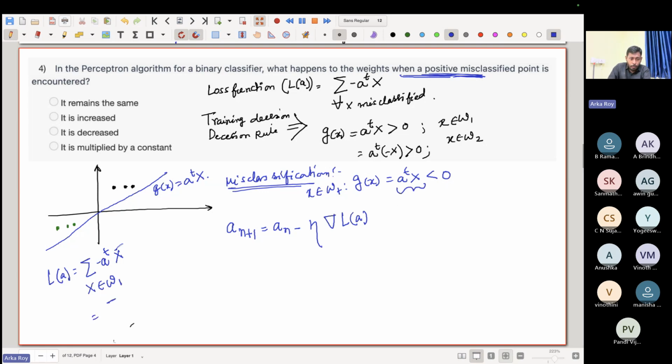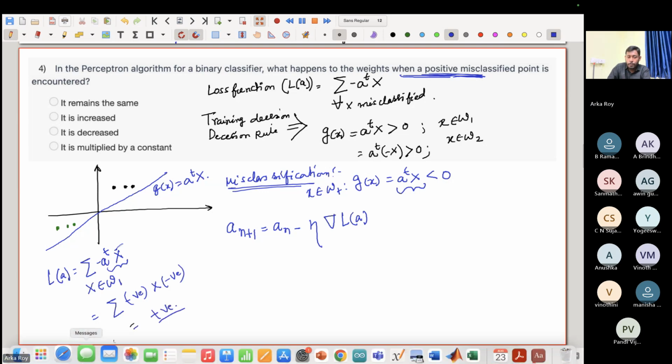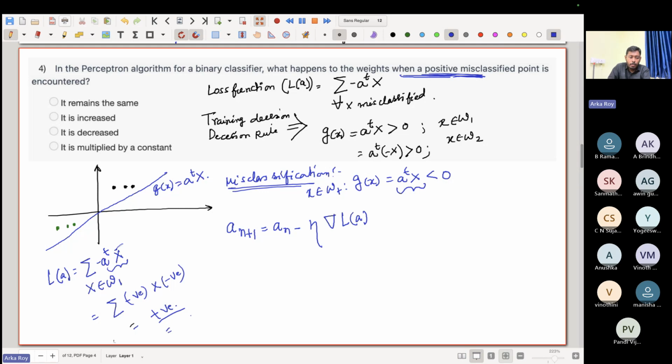So you have a minus sign over here, and your A transpose X, as already seen for the positive class for misclassification, is again negative. So the summation output will be positive.